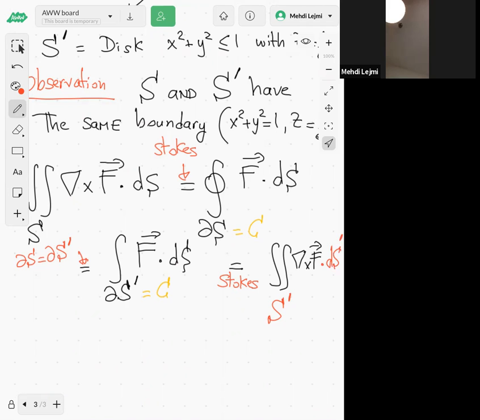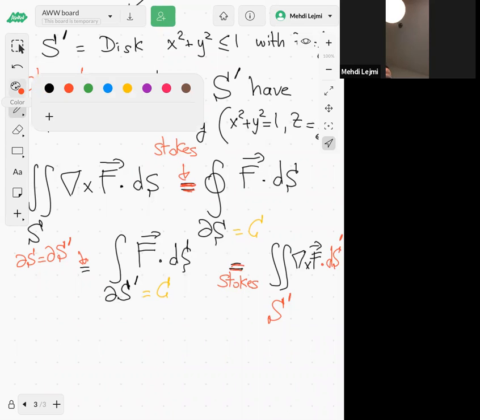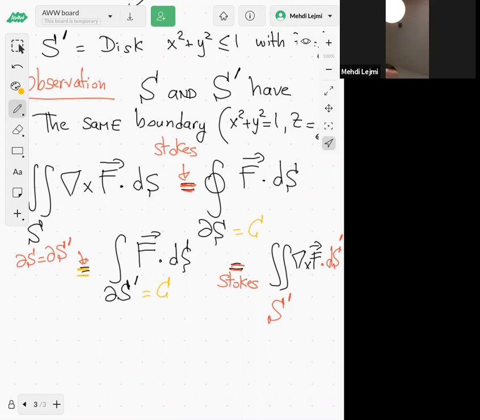So here I'm using Stokes' theorem, but all I'm saying is that I'm integrating along the same curve, which is the boundary of both S and S prime.